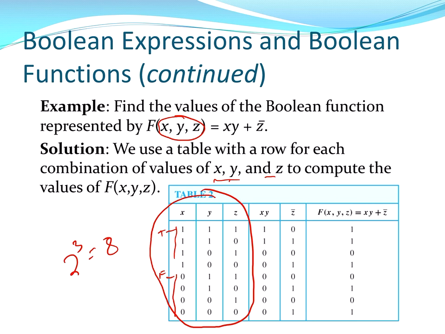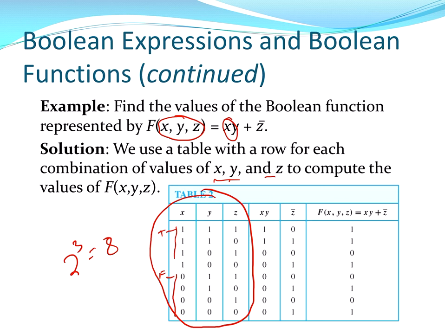And now we can start to calculate the value of some of the terms inside of our Boolean function. I'll do x times y first, and that'll be 1, 1 with all zeros below it. And that looks a lot like the conjunction, as we said earlier. Z complement will just be the complement of the Z column, so 0, 1, 0, 1 all the way down.